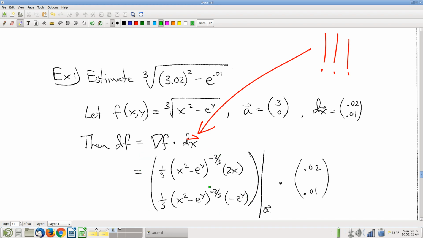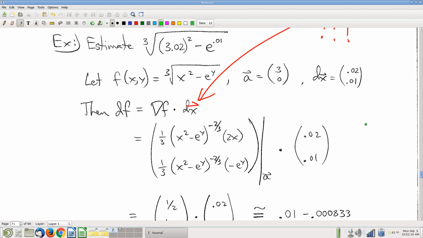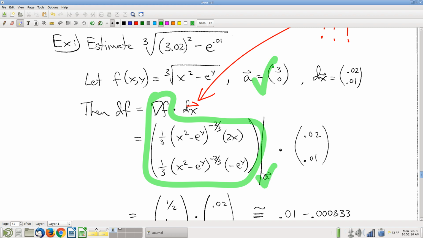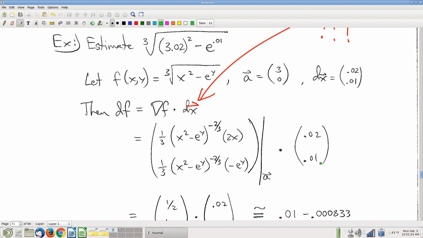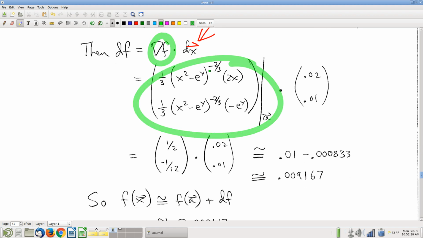The differential, we just agreed, was that. And of course, the gradient you have to evaluate at the point in question. You have to evaluate it at x equals 3, y equals 0. And a little bit of arithmetic, and this gradient at that point ends up being that.